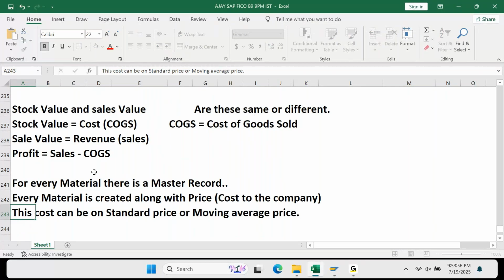Correct? Yes. This can be either standard price or moving average price. The company will take a decision. And these are all standard across every company in this world. Don't think you are learning something new. This is something which is followed universally across the globe. You are not an exception. I am not an exception to it. Okay.